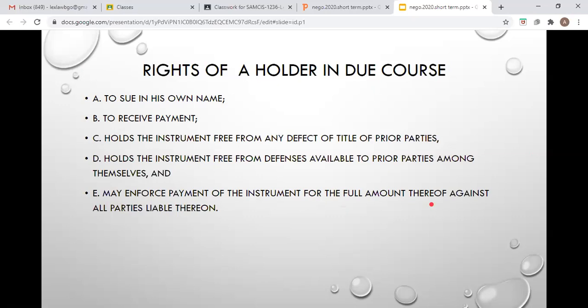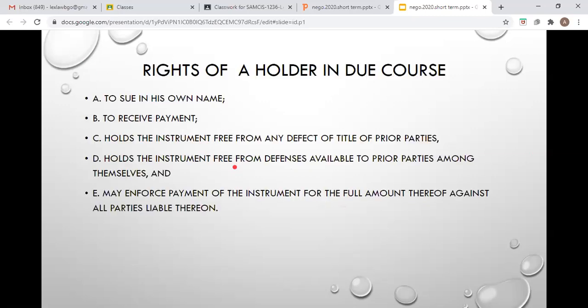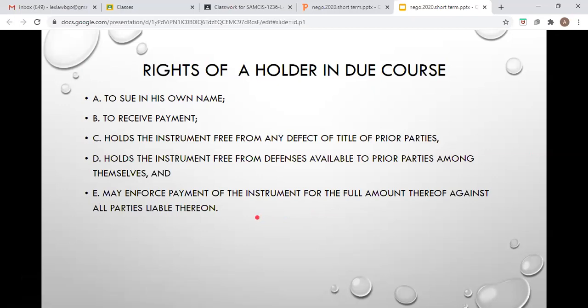Unlike if you are a holder not in due course, your right is simply the right to receive payment. Does not make any qualification whether full payment or not full payment. But if you are a holder in due course, your right to receive payment is full payment. To enforce payment for the full amount thereof against all parties liable in the instrument.